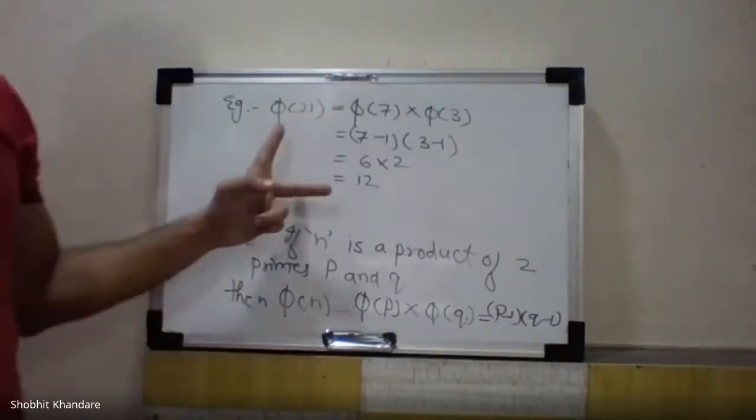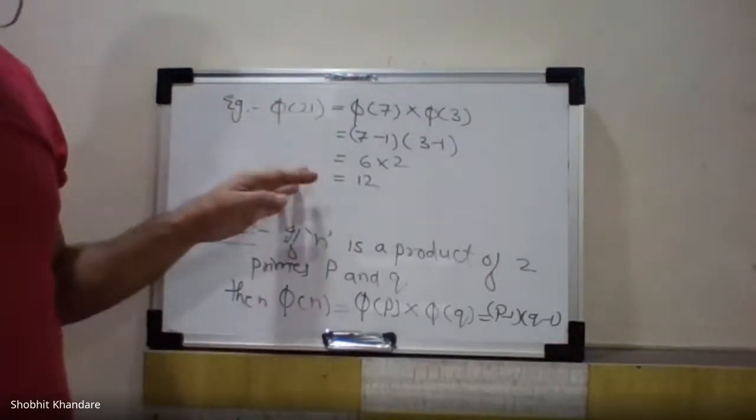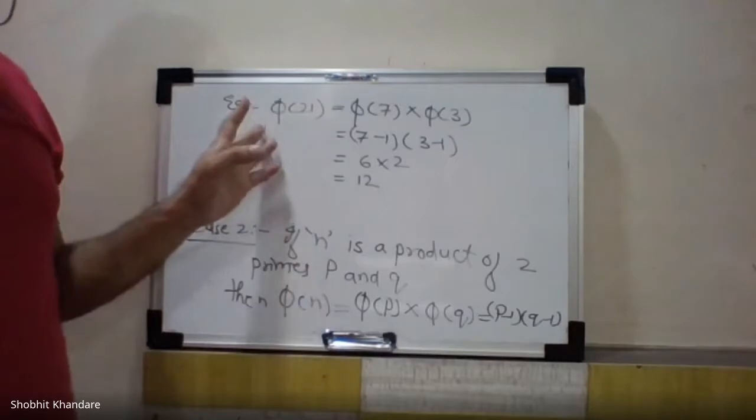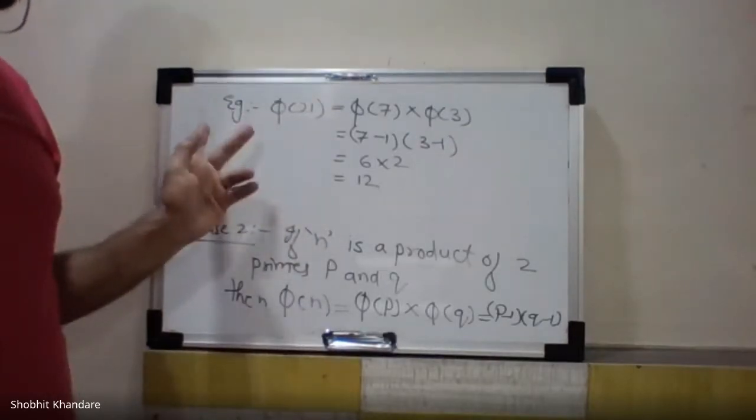So if you want to cross check, again write the numbers from 1 to 20 and see that it is a factor of 7 into 3.